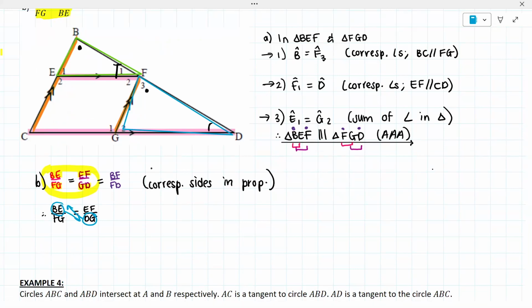The first thing I would do is times both sides by DG to get rid of it in the fraction. So this would be BE times DG over FG is equal to EF. Now I want to bring the BE down, so I would divide both sides by BE, which means I've got DG over FG is equal to EF over BE.